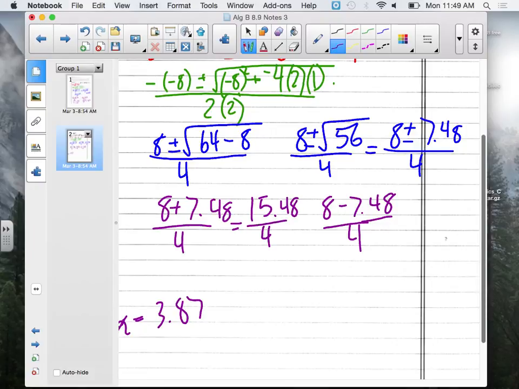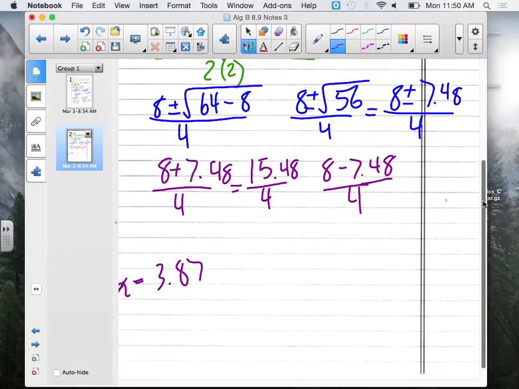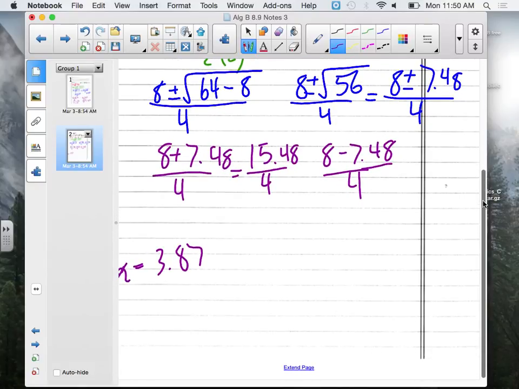Yep, all over 4, and then when you divide that, you get 3.87, right? I take the silence as a yes. All right, so the second one, 8 minus 7.48 is 0.52, over a giant 4.